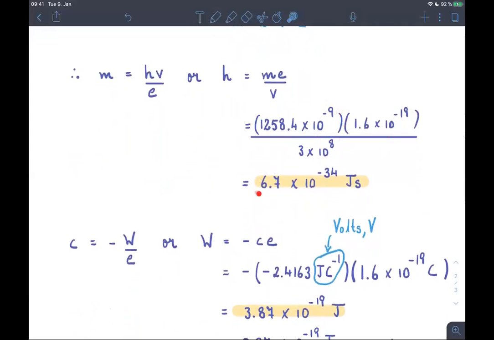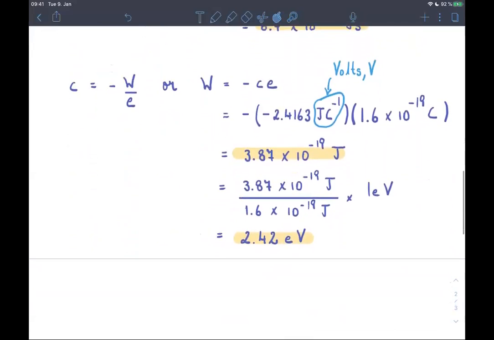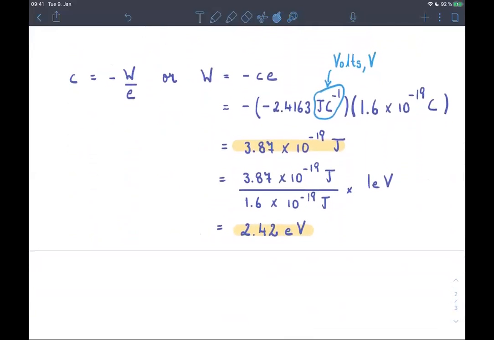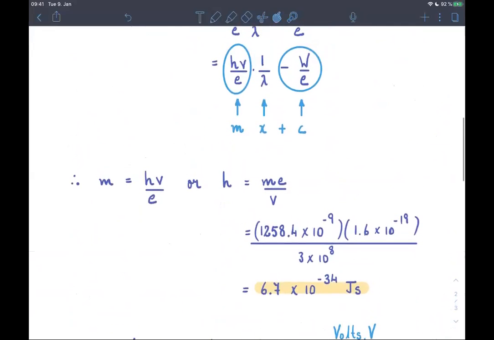And here we got the value for Planck's constant, which is fairly close to the actual value quoted in books. Similarly, we can say that the y-intercept is equal to minus W on e. Don't forget that W stands for work function. Okay, you can see it over here as well. The y-intercept is equal to minus W on e.